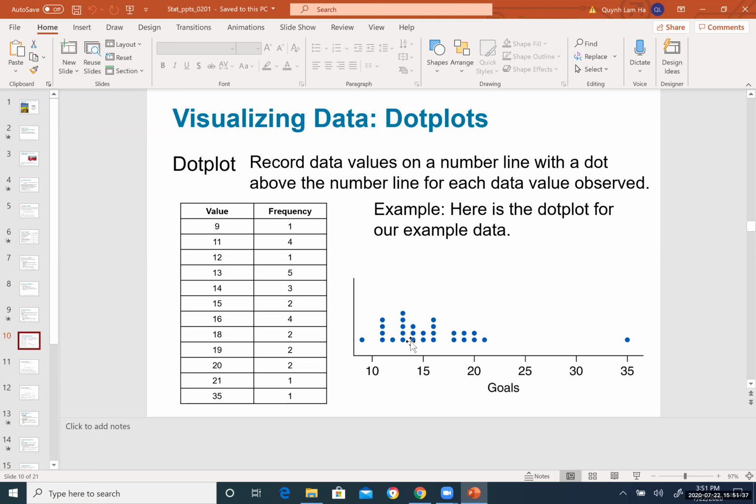And so on, and you see the dot all the way over here, 35. How many? Just one. But it looks like this dot is far away compared to this data right here, right? Because of this, this dot has a name. We call it an outlier.